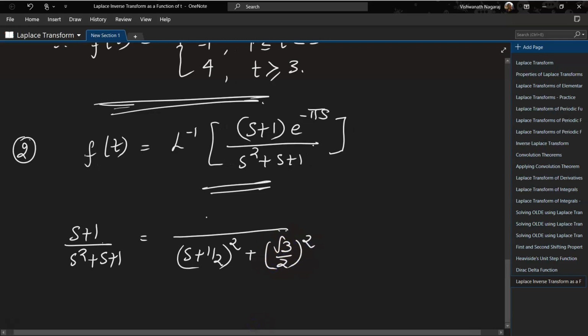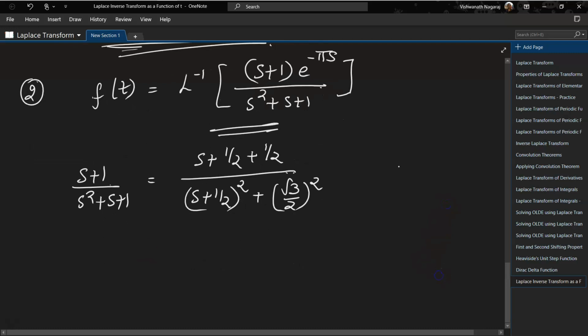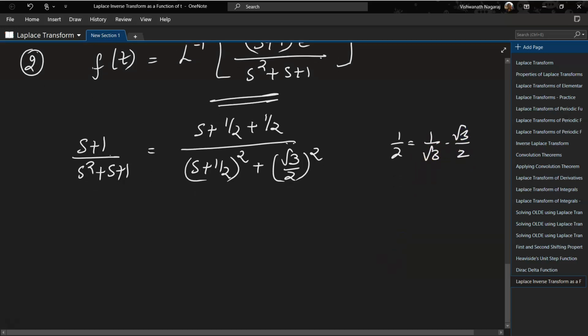Okay, and the numerator, if we write it in a specific way, let's write it as s plus half plus half. That one can be split into two. Now remember, 1 by 2 can be written as 1 by root 3 times root 3 by 2, right? So let's break it up.